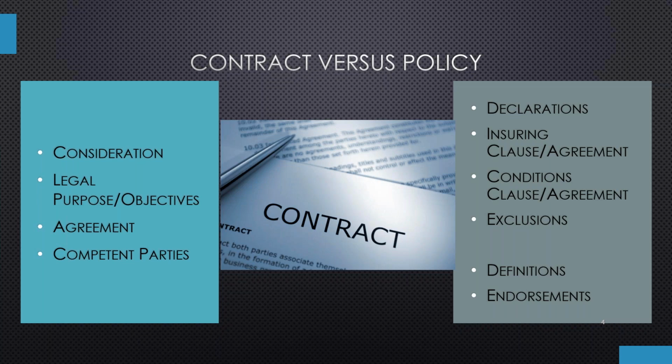The first one is consideration. Consideration is defined as an exchange of value. Clients provide two things of value. Number one, personal information on the application. For business, it'd be information about the business, actually. And premium. Money is always valuable, right? So it's the act of filling out the application, providing information, and paying premium.